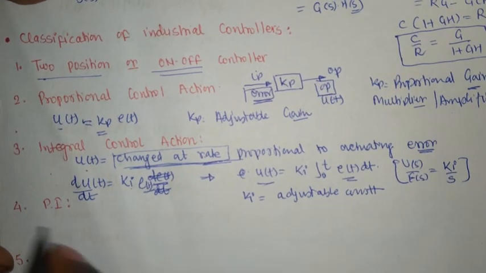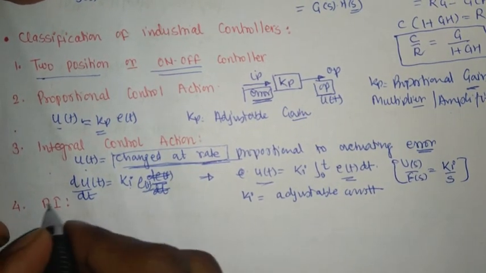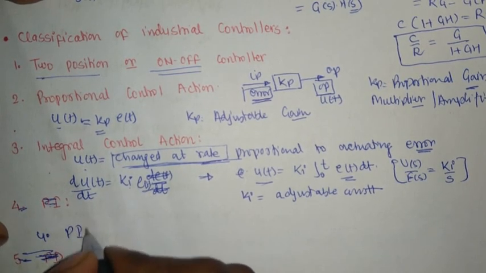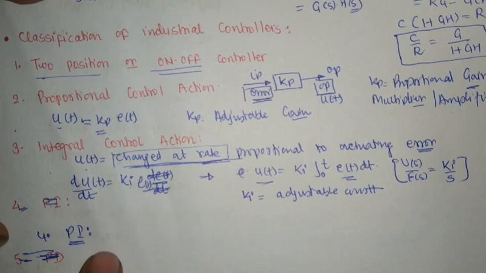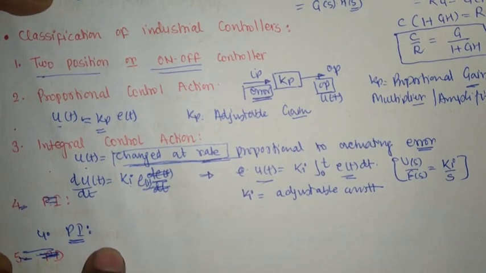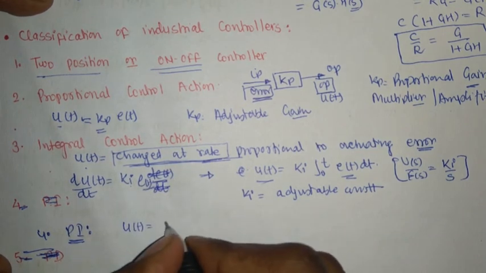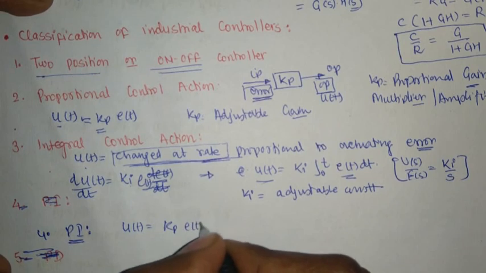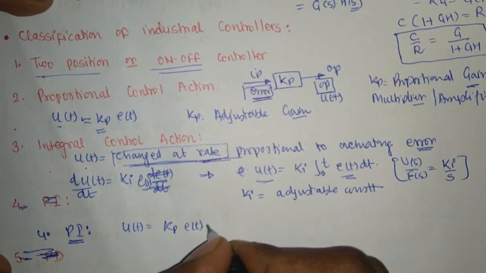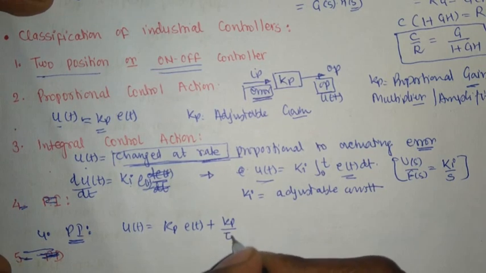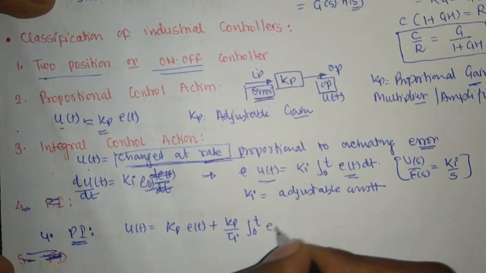Now the fourth type of system that we can have is our proportional integral. Now we are going to combine the proportional function as well as the integral function. So both of them are going to be there. So u(t) will be directly given as Kp into e(t). That is our proportional part, but that is not all that we want. So Kp upon Ti into the integral from 0 to t of e(t) dt.